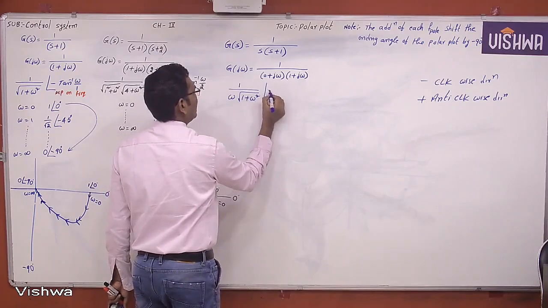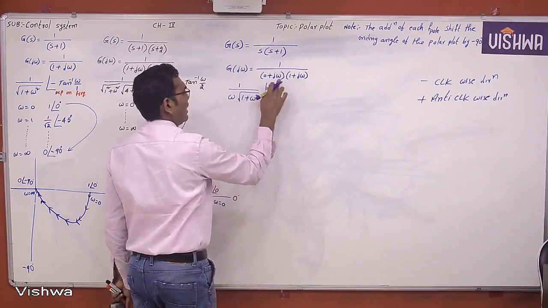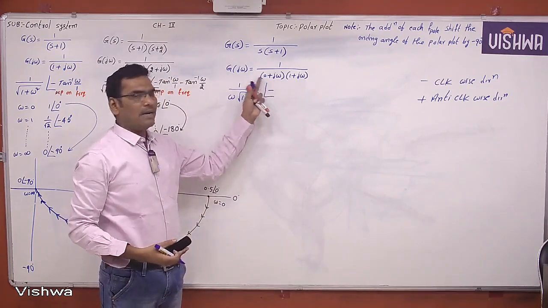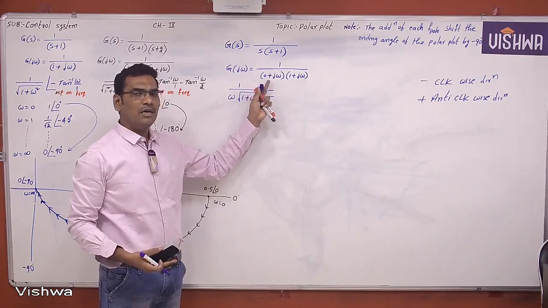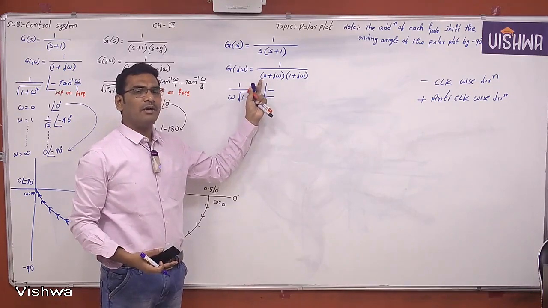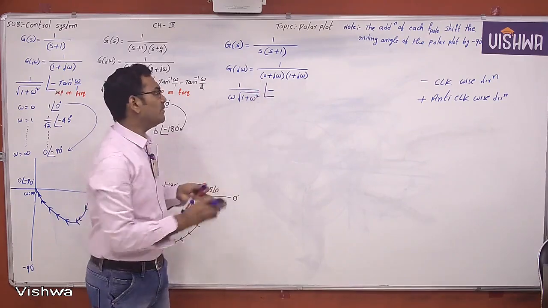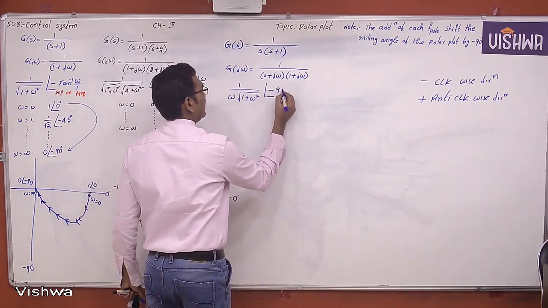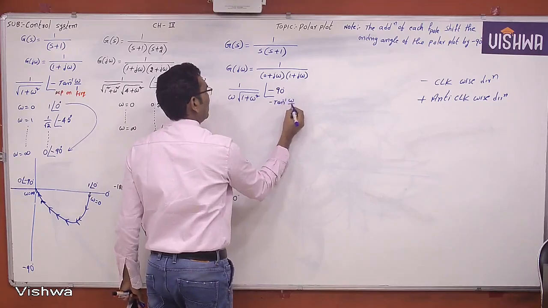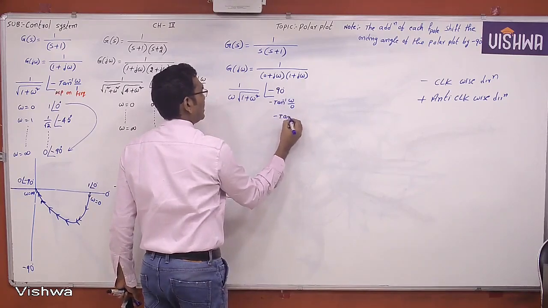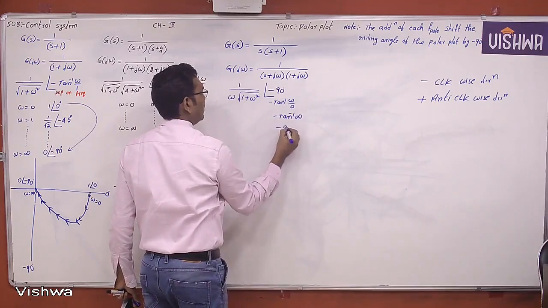Phase angle is denominator, therefore minus tan inverse imaginary part by real part. Tan inverse, imaginary part is omega, real part is 0. Tan inverse omega by 0, tan inverse infinity. Tan inverse infinity is 90 degrees, so minus tan inverse omega by 0 means minus 90 degrees.